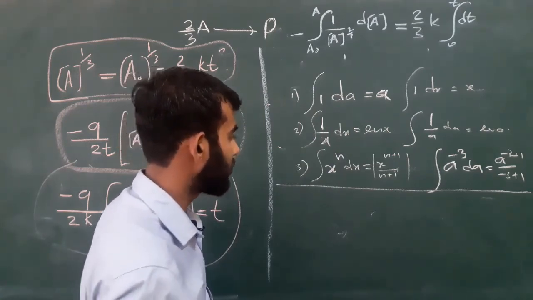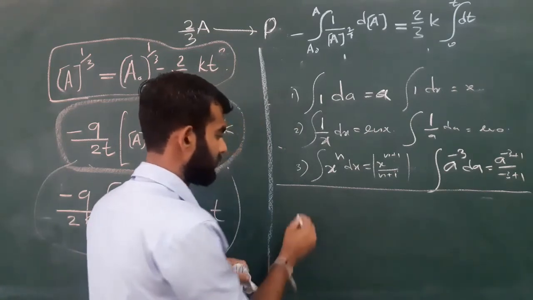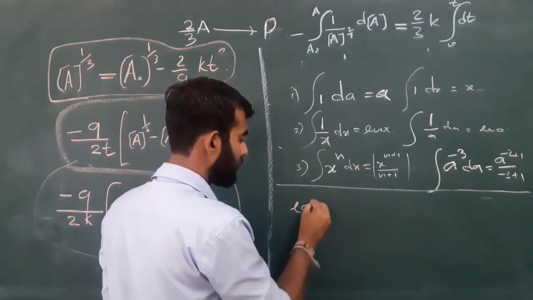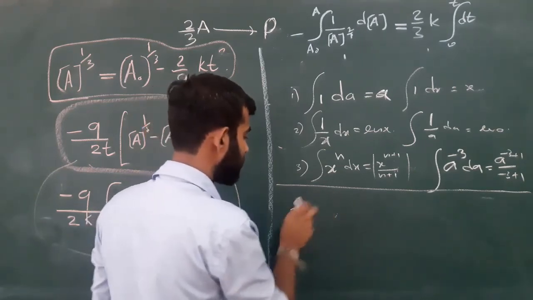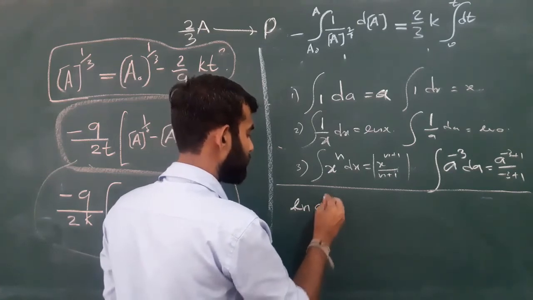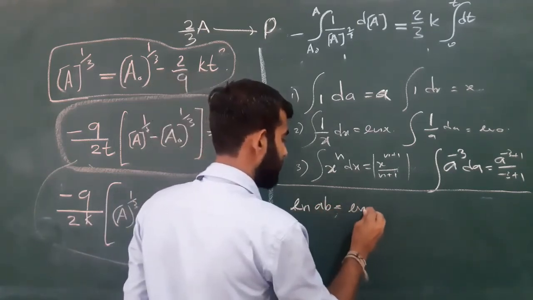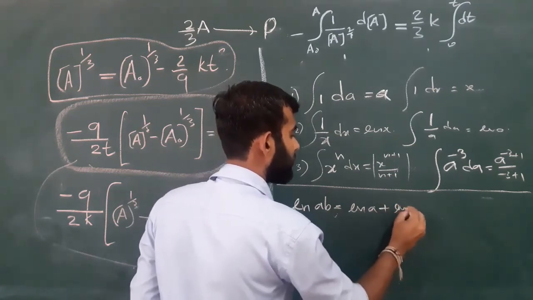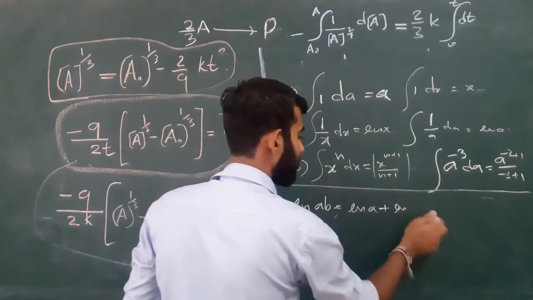Okay, what are the important logarithms? If log or ln, doesn't matter whatever it is. If I get ln ab, we can write this as ln a plus ln b.